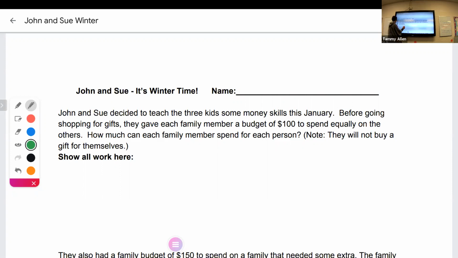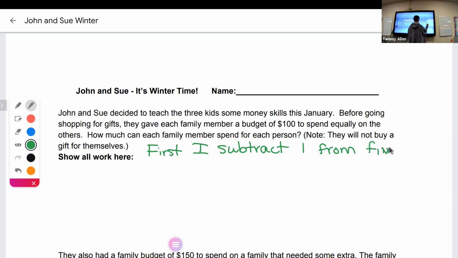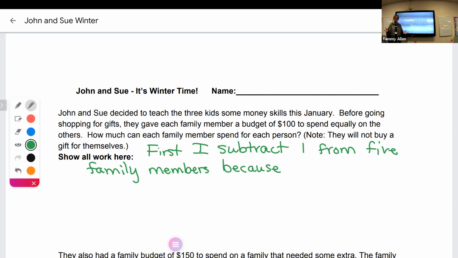Okay, so we need to actually say first, I subtract 1 from 5 family members because we don't buy a gift for ourselves. Does that make sense? Something like that?